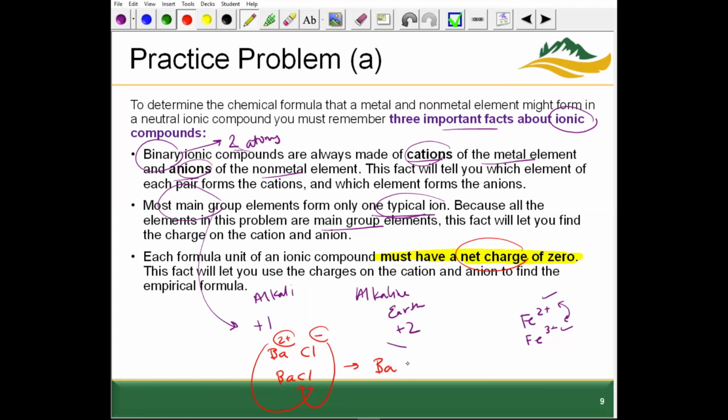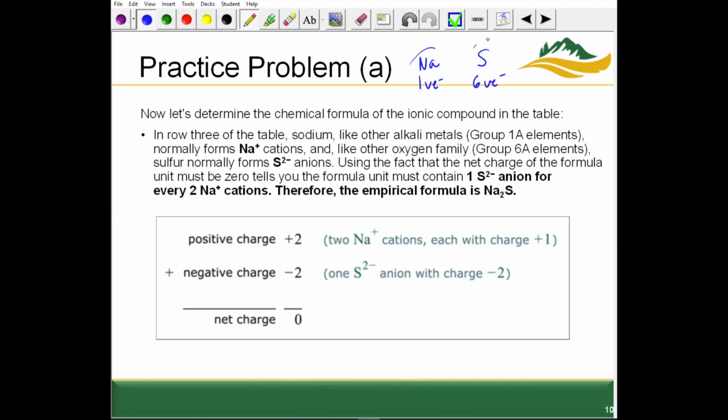Barium chloride then would have this ionic formula: BaCl2. 2+ and then 2 times the -1 charge, that makes this whole thing have a net charge of 0, which is what we want.